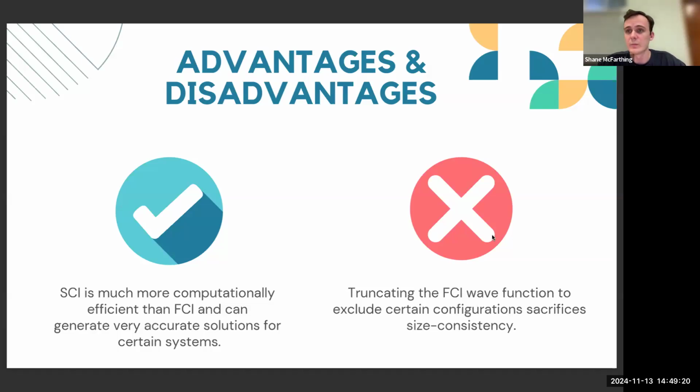And that brings us to the end of today's lecture. As a summary, we covered the exact method of solving the Schrödinger equation, and then we covered three different methods for trying to obtain good answers or accurate solutions without incurring the cost of the exact solution. That was our Hartree-Fock approximation, the coupled cluster approximation, and selected configuration interaction.